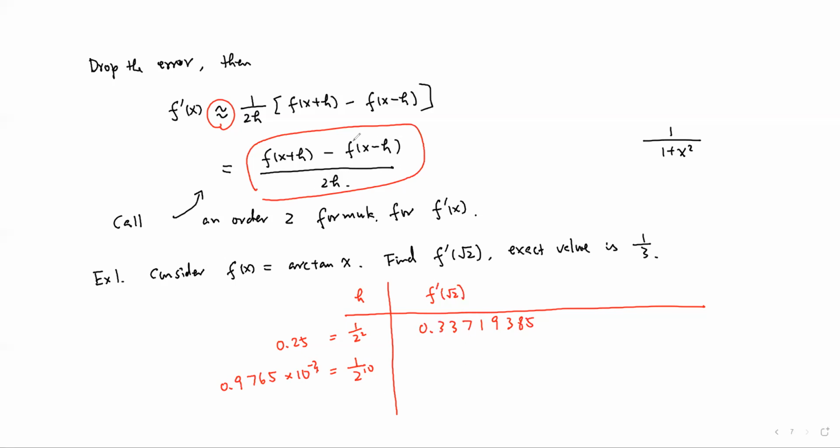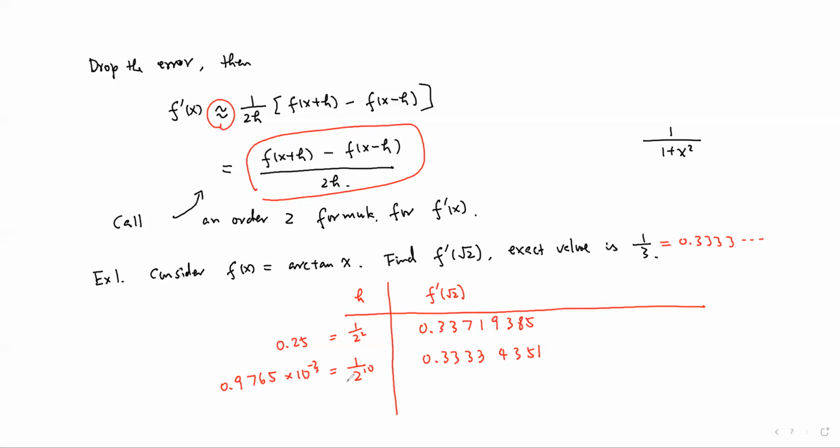Then I use this formula to compute the derivative and I get 0.33335. The exact value is 1 third, which is 0.3333 and so on. So when h is this number, the solution is quite good.